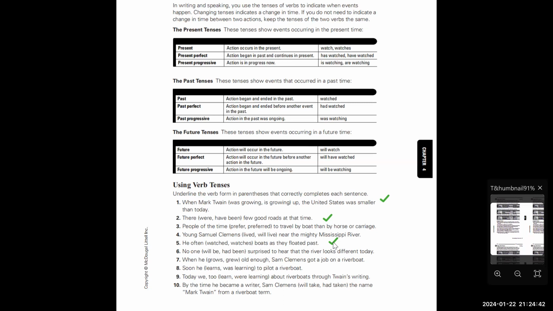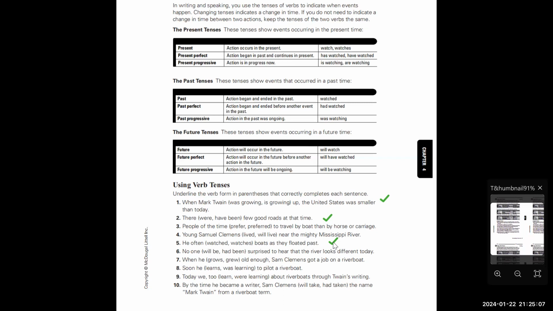Okay. When will you use had been? Okay, I'll try to help you. When will you use had been? That is past perfect, right? Do you see two actions that happened in that sentence, letter six?